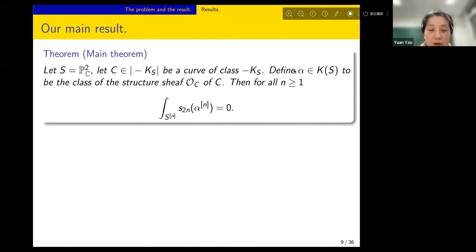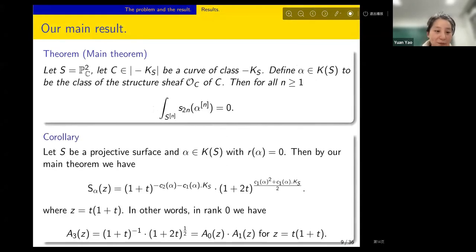It's not even positive, it can be negative, right? You always have this class, you can always define it, and you can do this integration. Here I choose a typical rank 0 class, compute all these Segre integrals, and get this Segre series, and then I can get their conjecture.